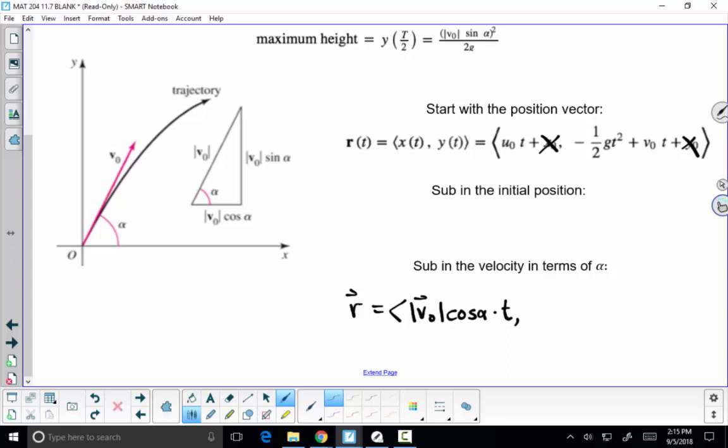And then the second component is going to be minus 1/2 g t squared plus the absolute value of v naught, the vector, times sine of alpha multiplied by t. All right, so that's assuming 0, 0 and that we've plugged in using alpha.